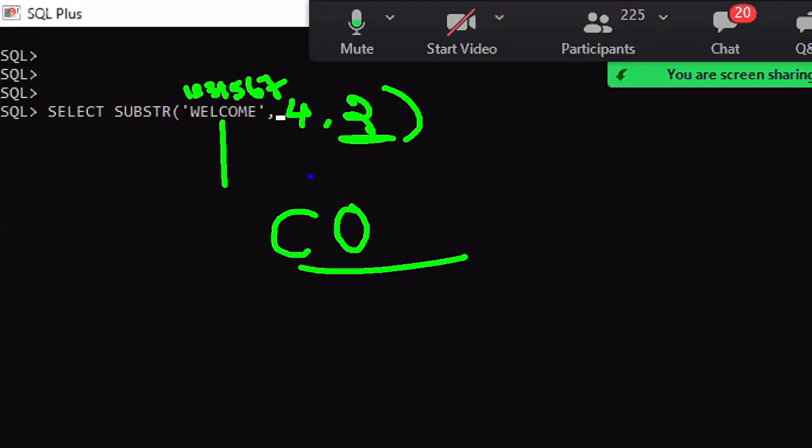For example, next one. If next I'm asking, I wanted 2. 2 means where is it? E. From there, E, I wanted here 4 characters. So E, L, C, O. Okay, now next I wanted, for example, in the next case, total 7 now.